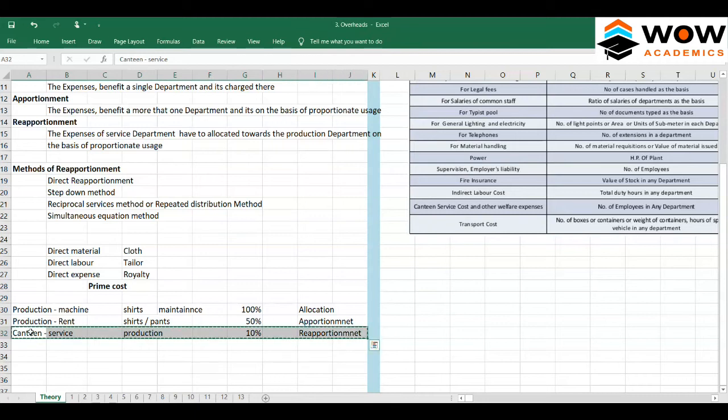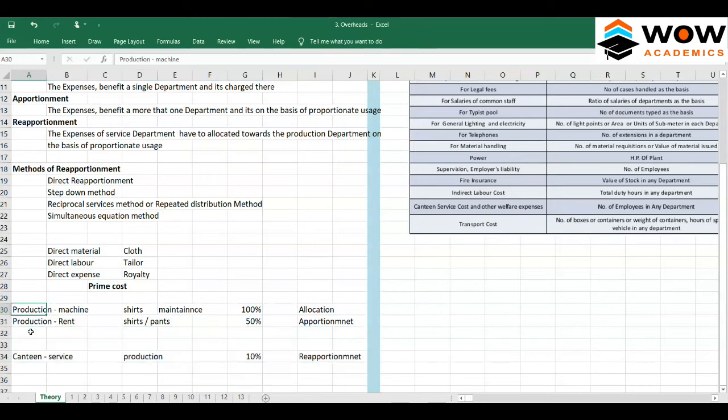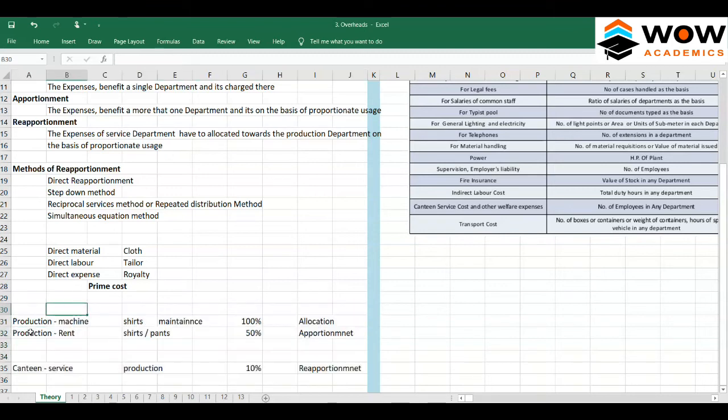One is this kind of split, where this allocation and apportionment is called primary distribution, and the reapportionment is called secondary distribution.